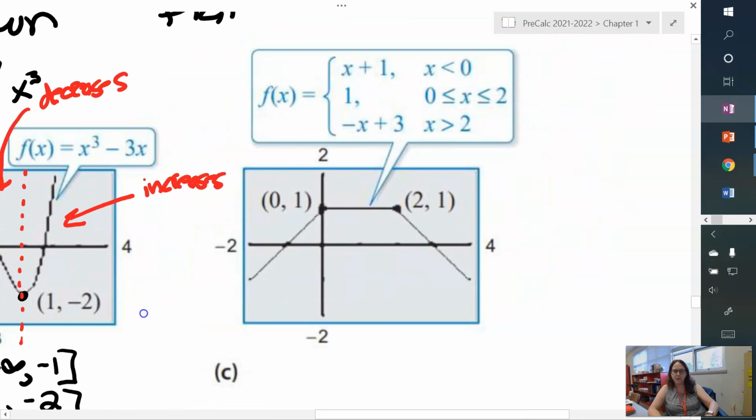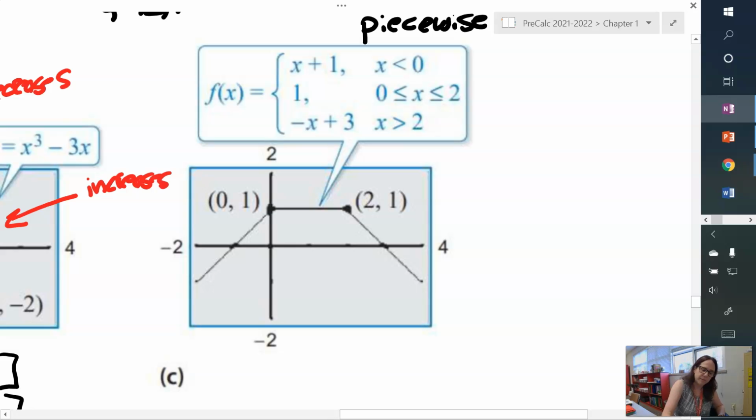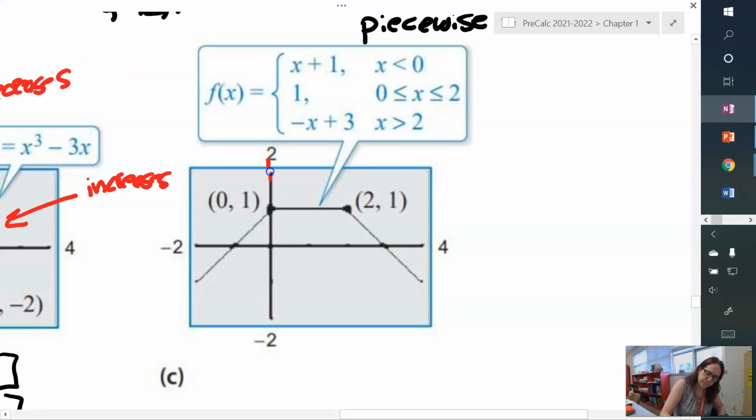Now let's take a look at this graph. This one is more of what we would call piecewise, and you'll see more of that next time when we do part B of this section. So I have one part of this graph where it's increasing. This one increases.